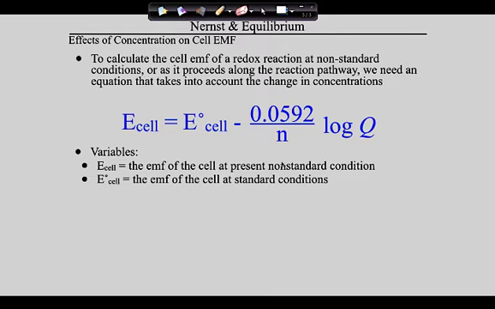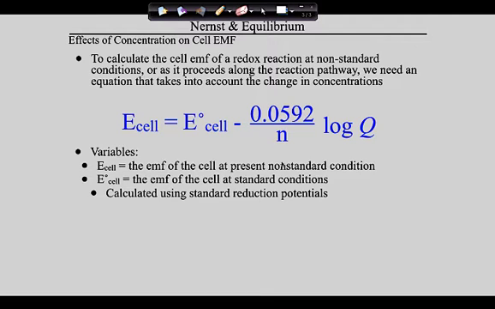Now guys, how do we come up with that value? Reduction potentials, cathode minus anode. So guys, we calculate this value given the standard reduction potentials, and that's just cathode minus anode. You okay with that?